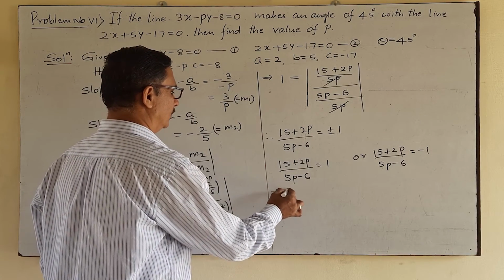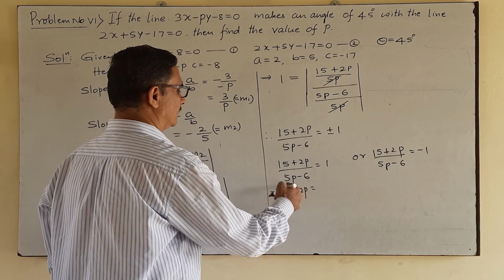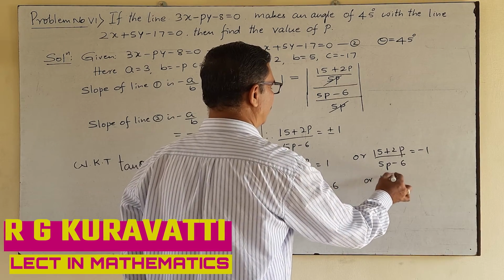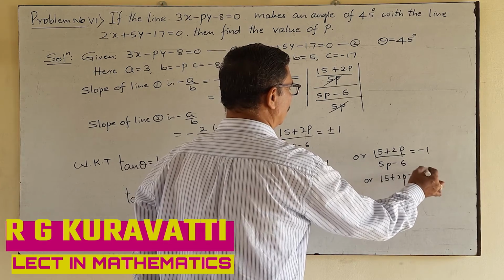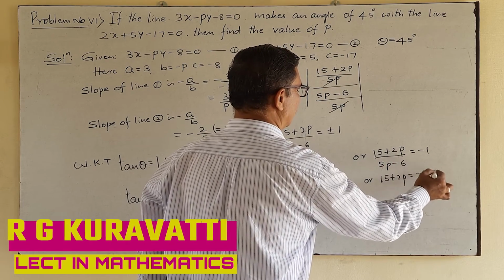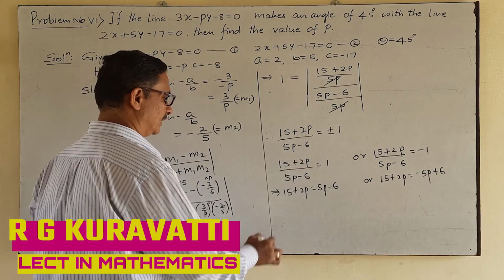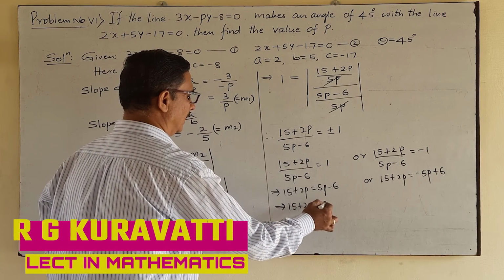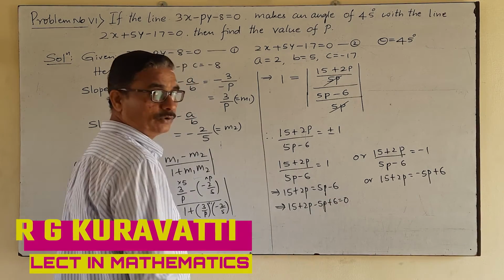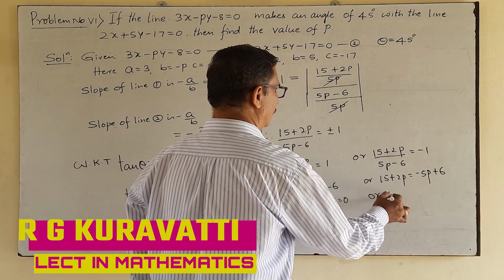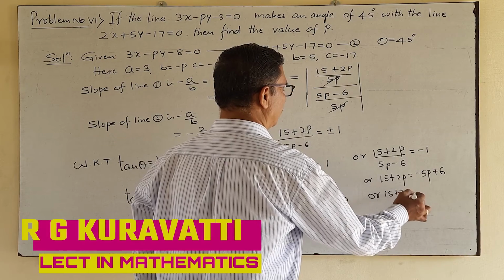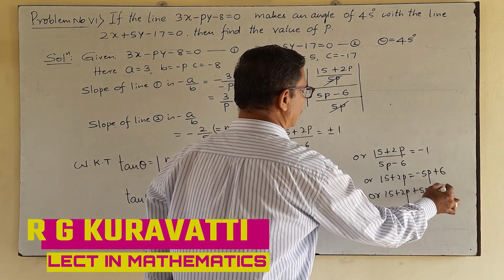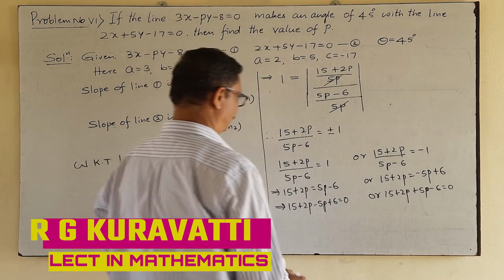Cross multiply. 15 plus 2p is equal to 5p minus 6. Here 15 plus 2p is equal to minus 1 into (5p minus 6), that is minus 5p, minus into minus plus 6. So 15 plus 2p minus 5p plus 6 is equal to 0, or 15 plus 2p, taking equal on the right side, minus into minus plus 5p minus 6 is equal to 0.